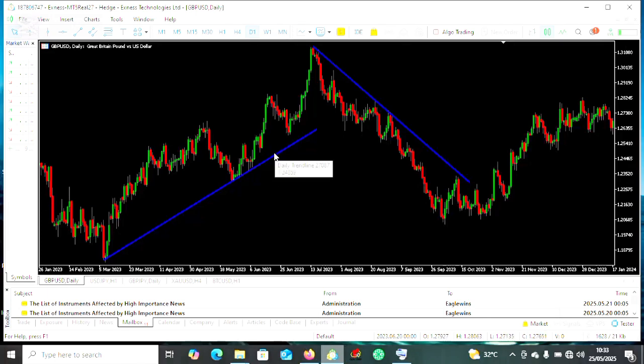You can see that it was drawn on the higher lows, where we can easily say, here is our support, like I explained in the support and resistance level video. Here is a support, because price is failing to break down below.